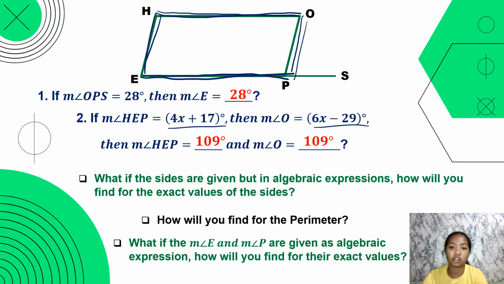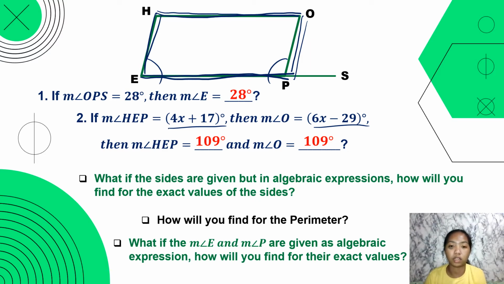What if the measures of angle E and angle P are given as algebraic expressions? How will you find their exact values? Angle E and angle P are adjacent angles, and adjacent angles in a parallelogram are supplementary. That means they add up to 180 degrees.